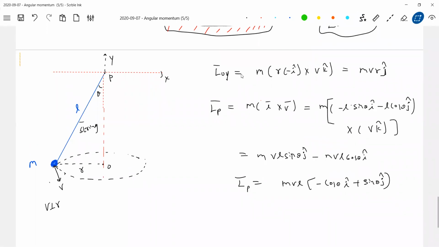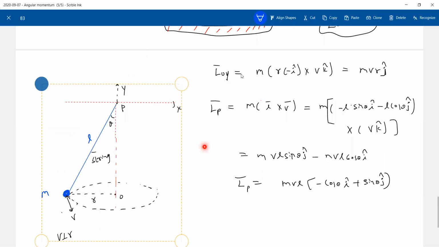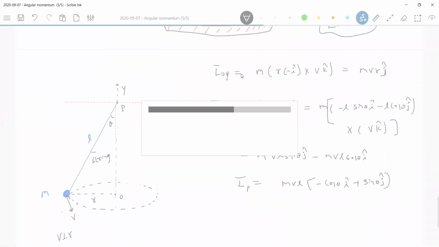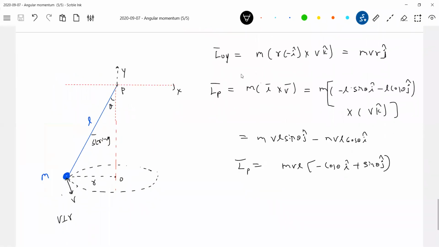There's a very important fundamental problem, not like a numerical. It's a very generalized theoretical idea. Now you see that one. So what should be the L bar about P? How will it be directed? It will be directed in this direction, so I'll put the direction somewhere here. Now let's calculate magnitude.